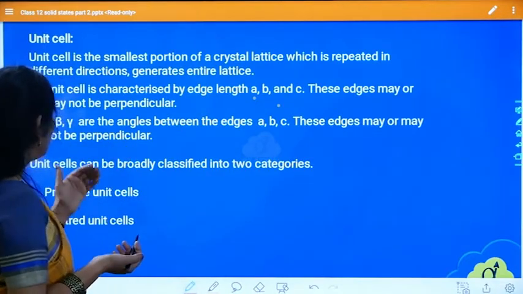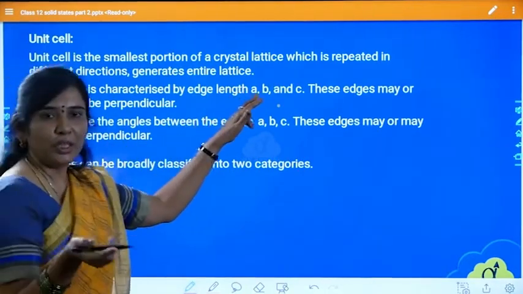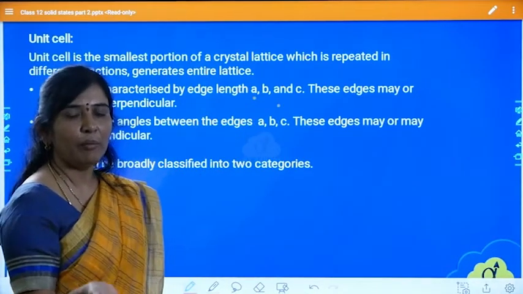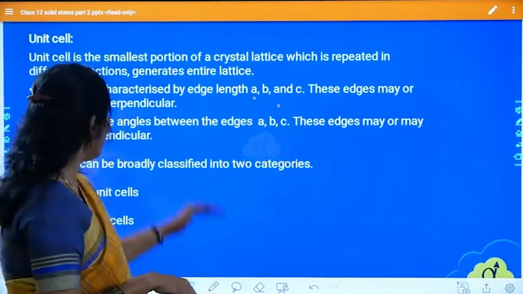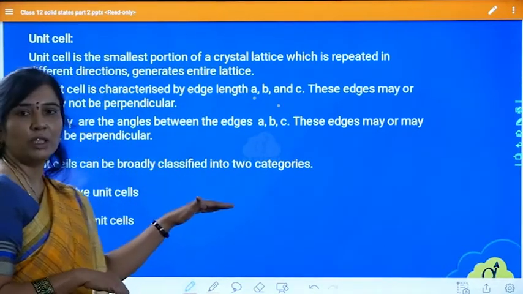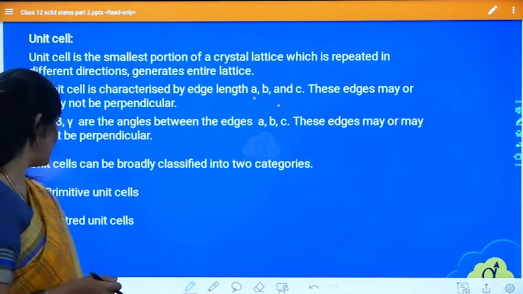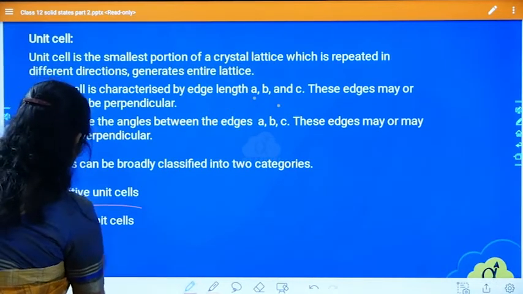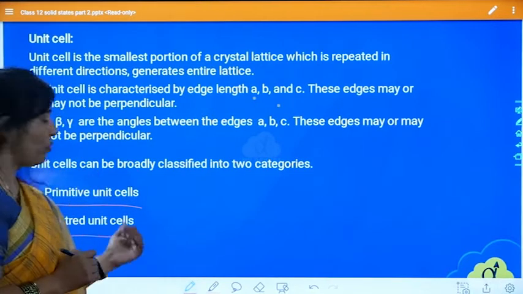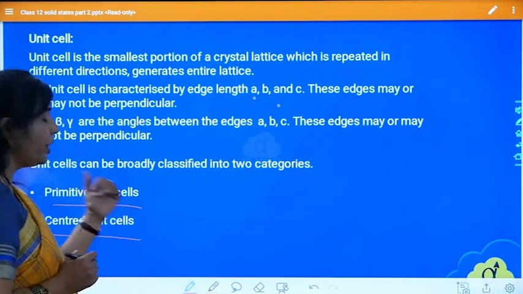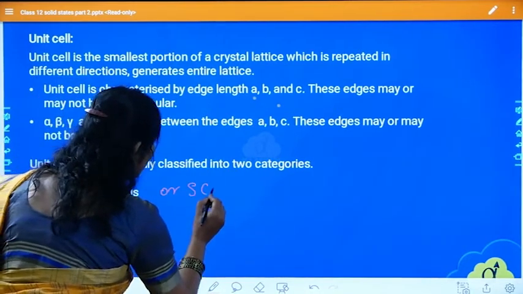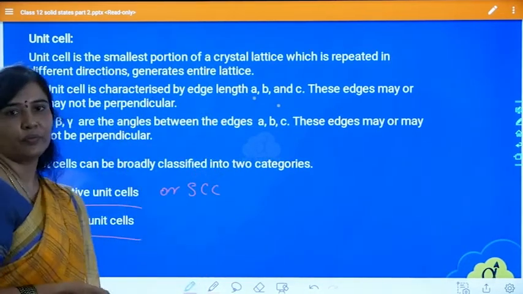Based upon this, we can classify unit cells into different types. Now what are those? Mainly, unit cells are classified into 2 types. One is known as primitive unit cell, or else we can also call it simple cubic unit cell.